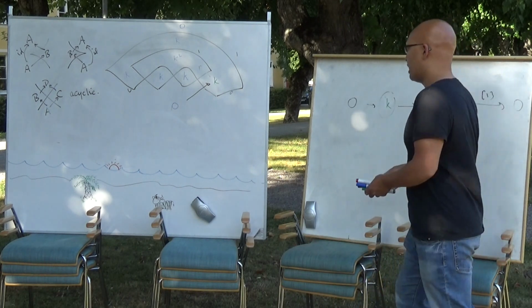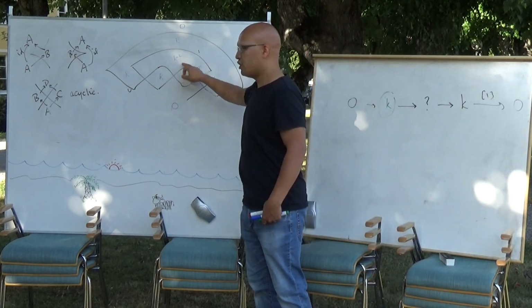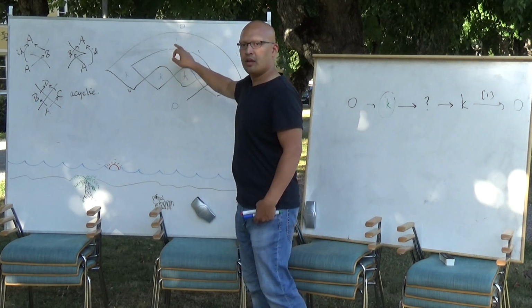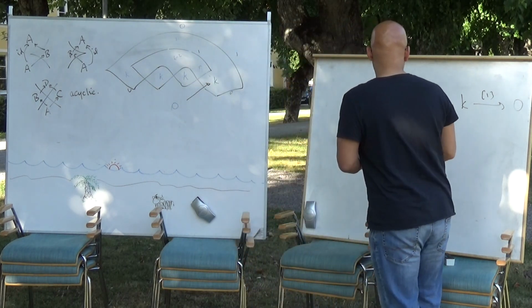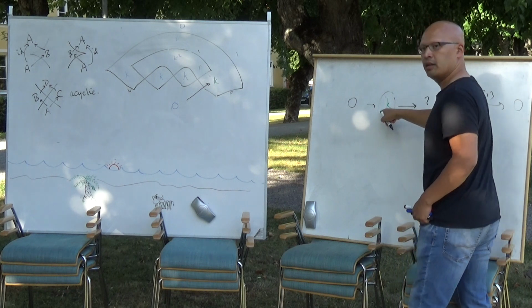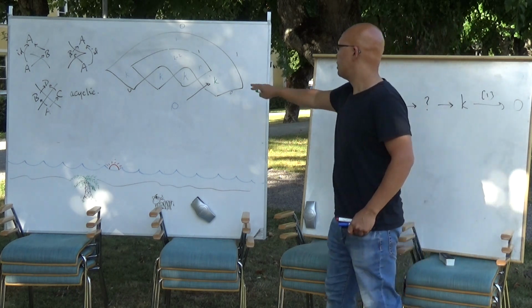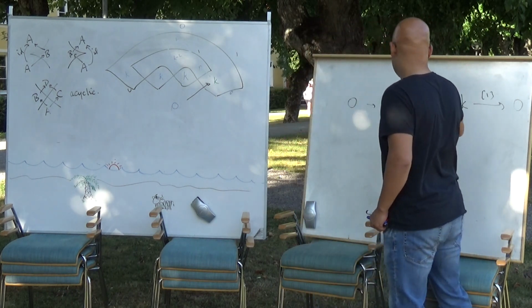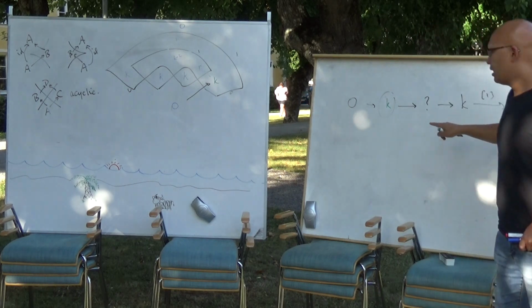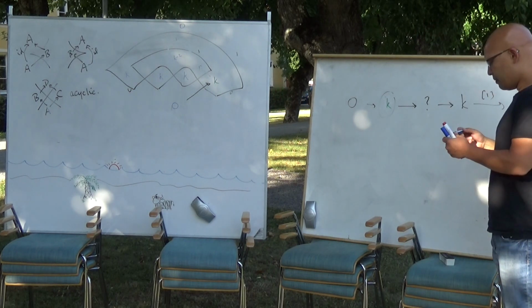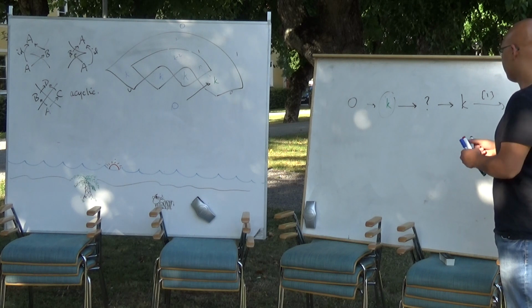So if I was trying to figure out what should go here, the condition was that there is an exact triangle between whatever went here, this mystery item, and the one-dimensional vector space in degree 0.